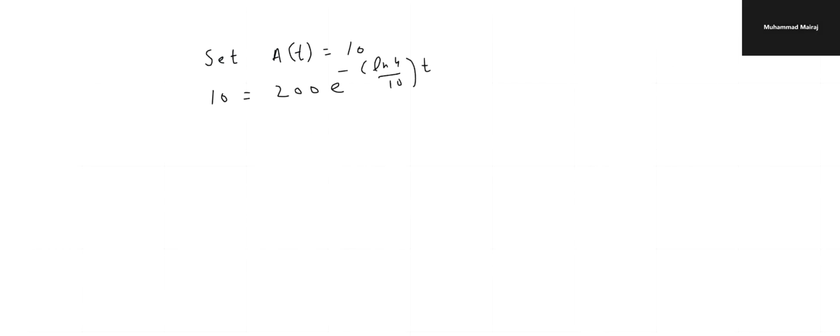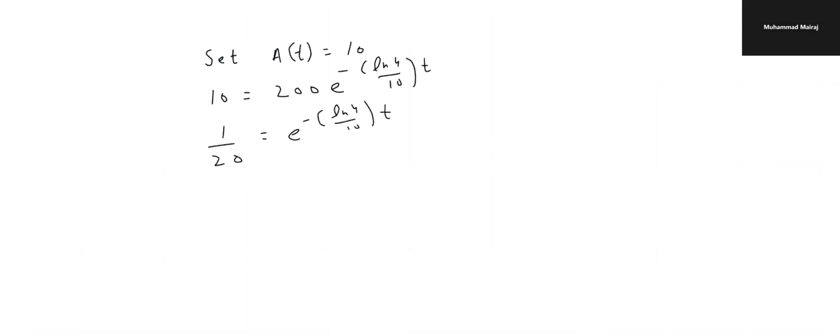So 200 here becomes 20, or 1 divided by 20 equal to e power negative ln of 4 divided by 10 into t.